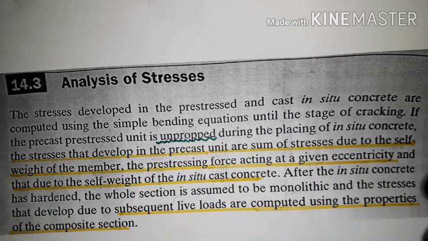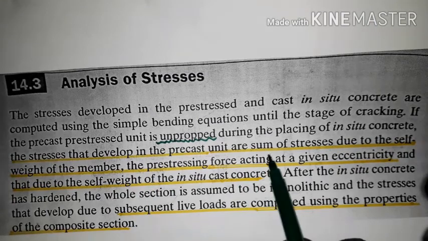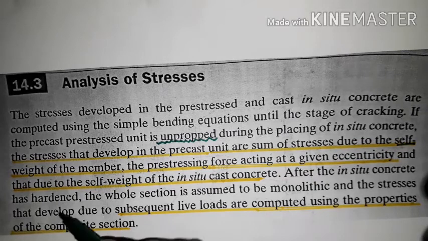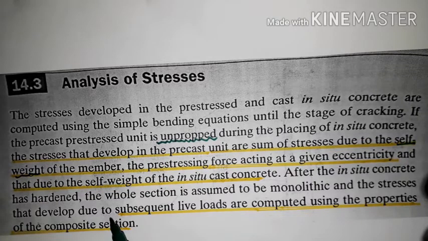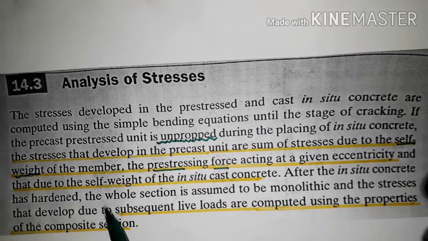So what stresses do you have to consider? The stresses developed in the precast unit are the summation of those due to self weight, the pre-stressing force, and the self weight of cast in situ concrete.